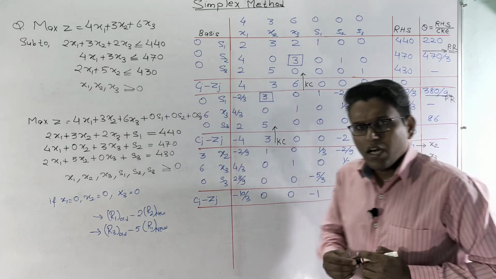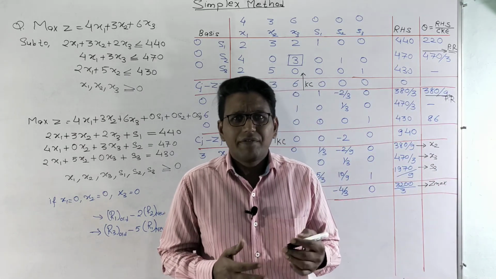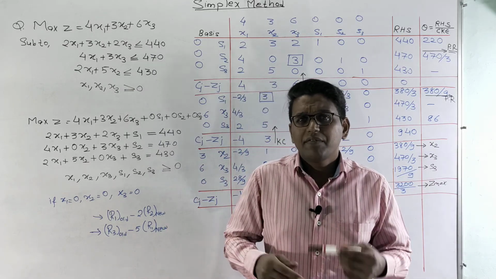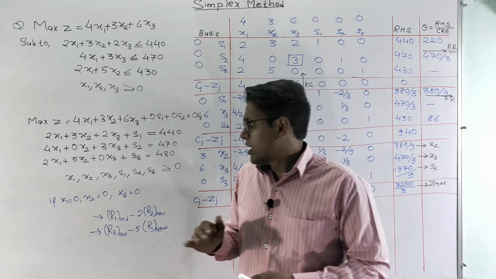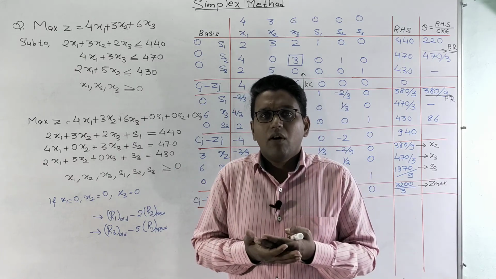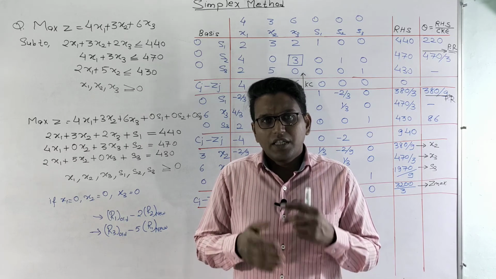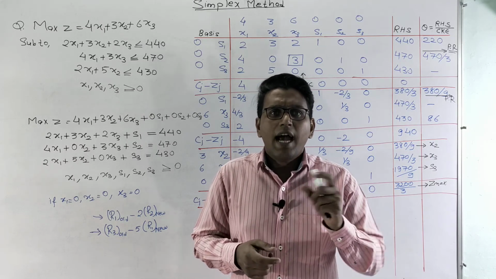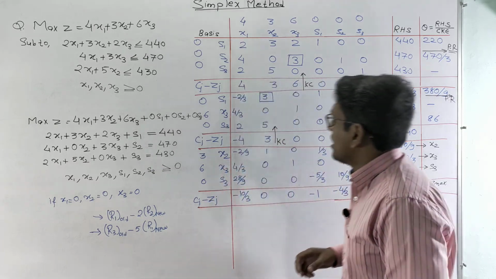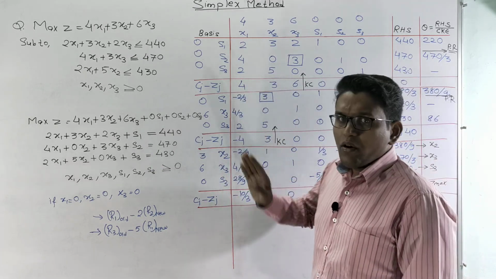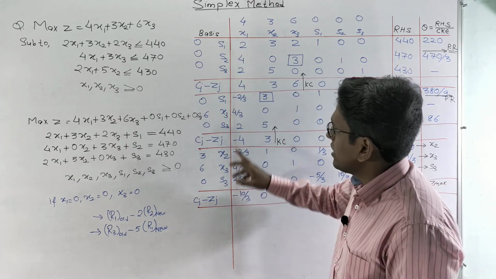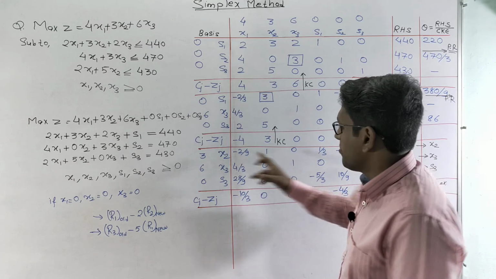Okay, so now what is different in this problem? In the starting of the problem we have talked that the variables s1, s2 and s3, that is either slack variable or surplus variable, need to be treated as we treat the decision variables. It means that the slack variable or surplus variable, any of them can take part in the final solution matrix.